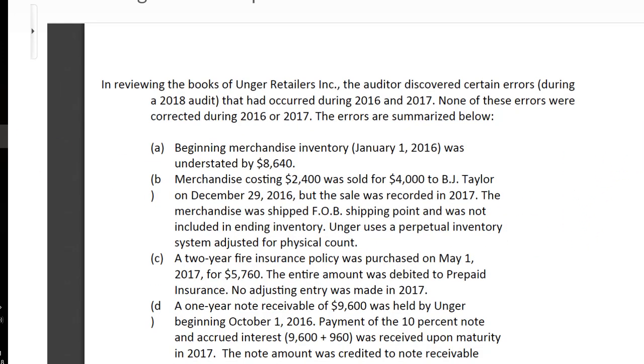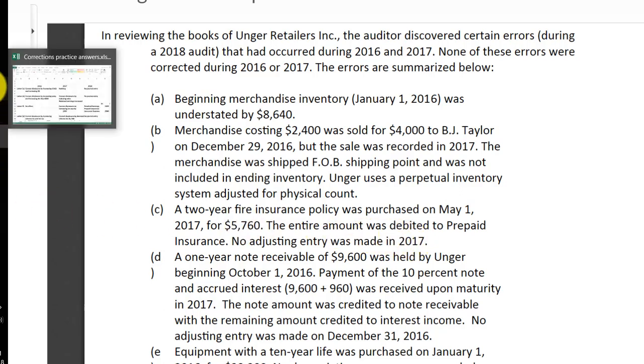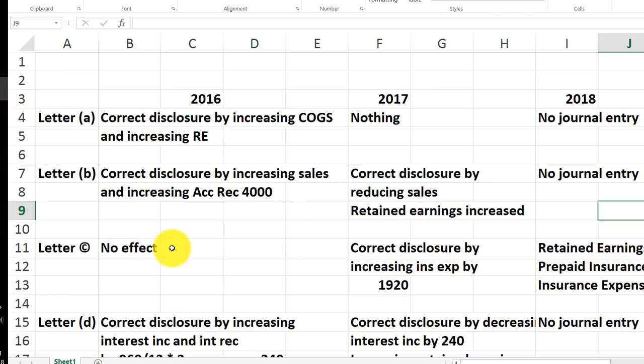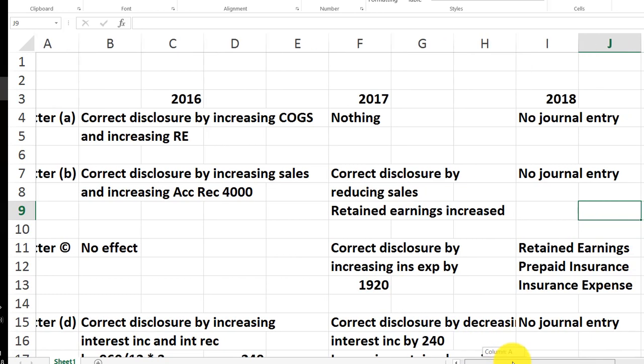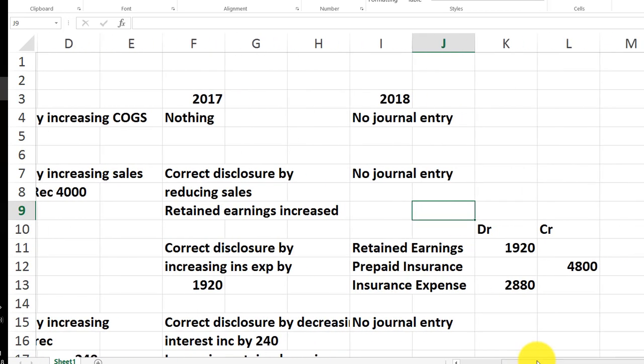A 2-year fire insurance policy in 2017 was debited to prepaid insurance. No adjusting entry was made for 2017. Okay, so this is going to affect 2017 and 2018. No effect on 2016. We're going to correct our disclosure in 2017 by increasing insurance expense and decreasing prepaid insurance, which of course that change in insurance expense is going to affect retained earnings.